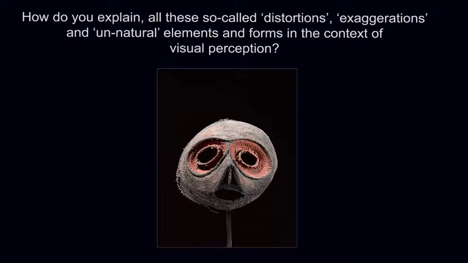Now, there is no straightforward reply to this query, but it is true that each and every mask has a very distinctive expression, and this comes from the different adjustments and relationships between the eyes and the nose and the mouth.